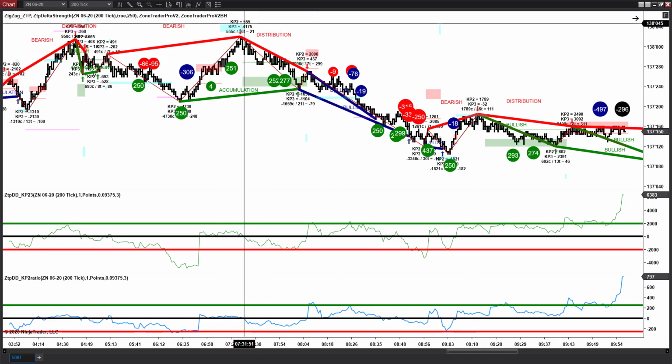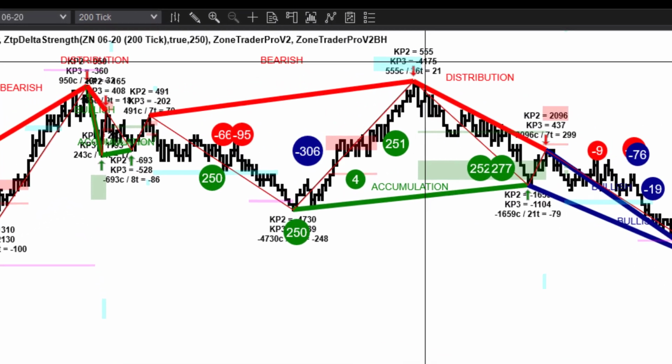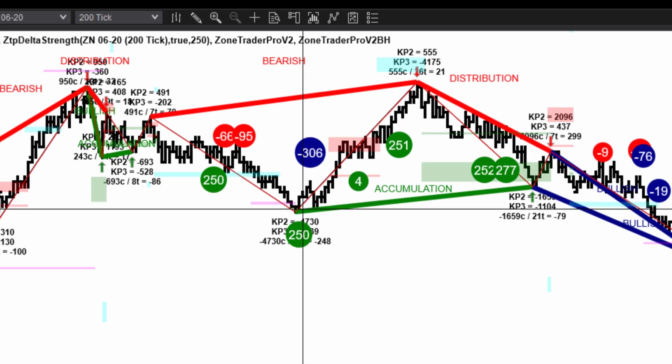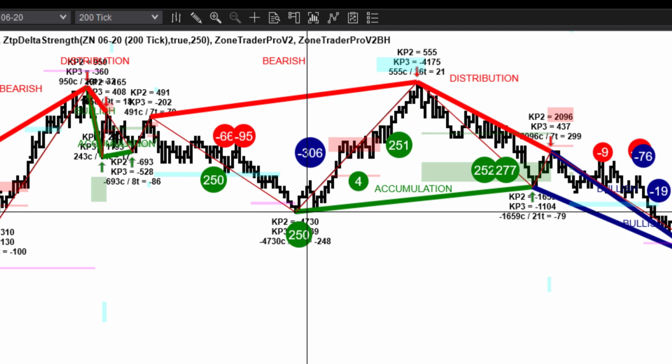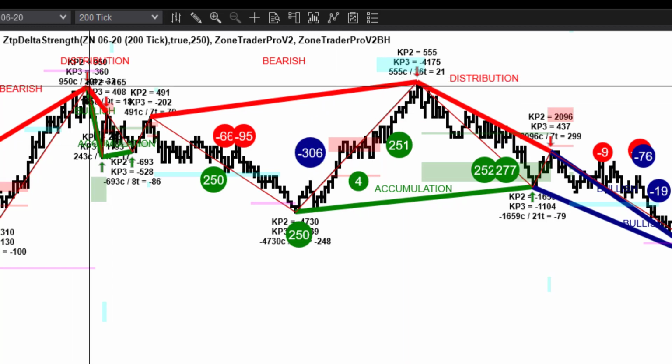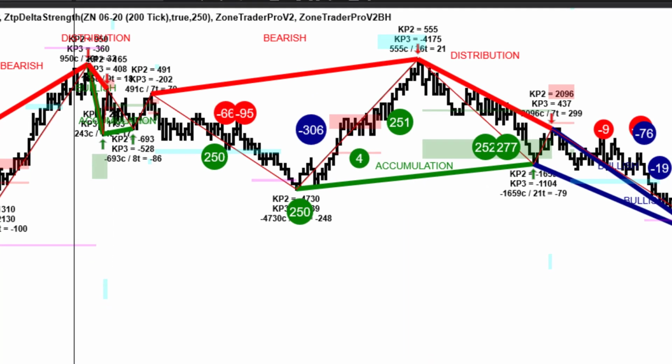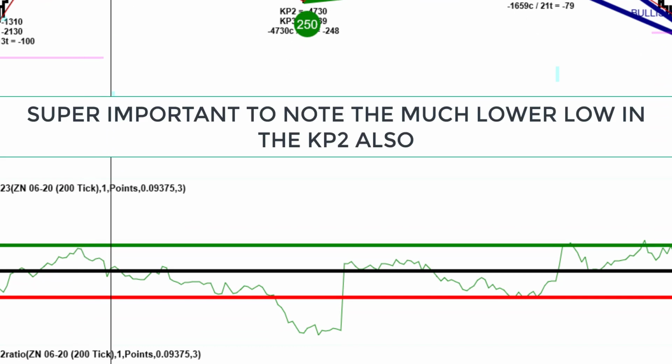And the KP2 was only a 555. Now that's extremely small for the ZN market. And when you compare it to the top that it made back here, where it was almost 2,000, you again understand how we compare a previous high to the current high.